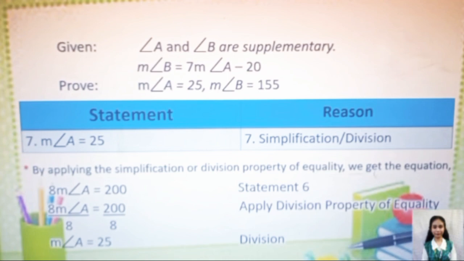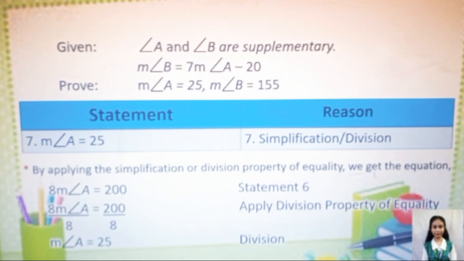Applying the division property of equality, 8 divided by 8 will give you measure of angle A, since 8 divided by 8 is equal to 1.